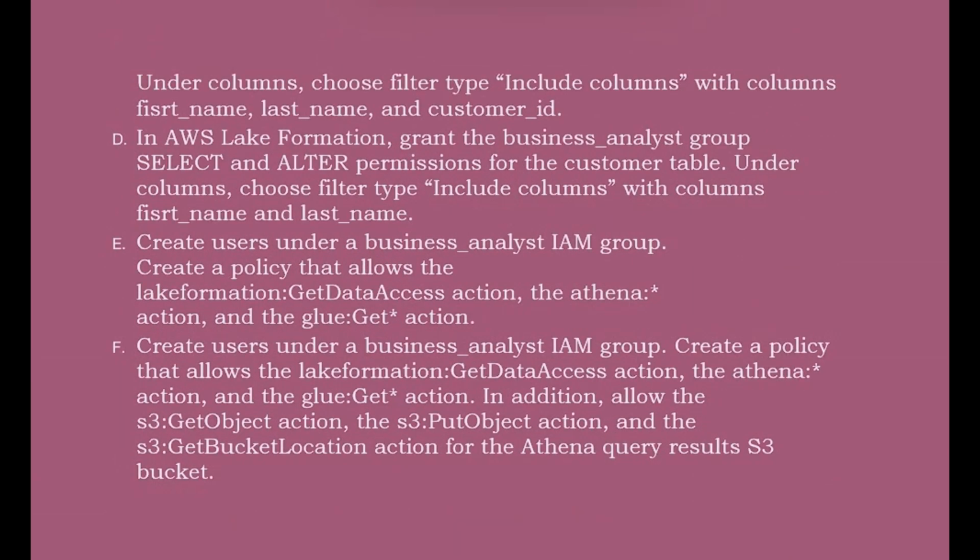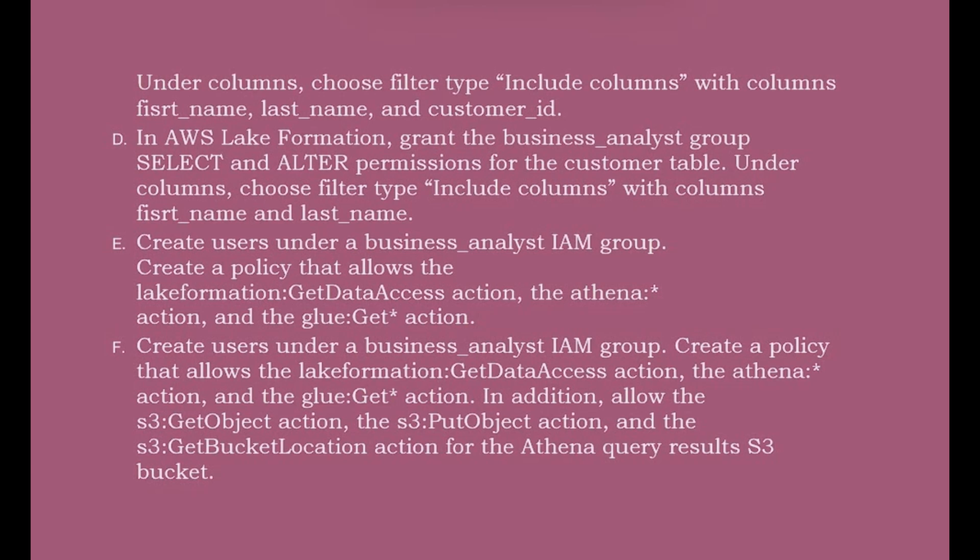Under columns, choose filter type, include columns with columns first_name, last_name, and customer_ID. Option D, in AWS Lake Formation, grant the business_analyst group select and alter permissions for the customer table.